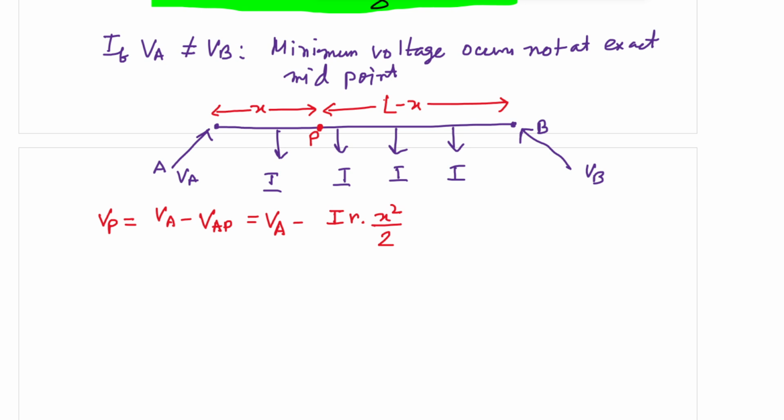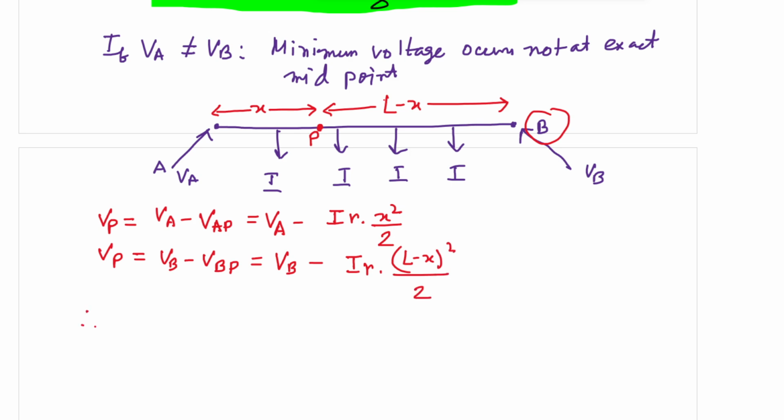Similarly, if we calculate VP with respect to this side, it would be VB minus VBP. VB is VB, but VBP is nothing but I into R, where x now becomes L minus x.